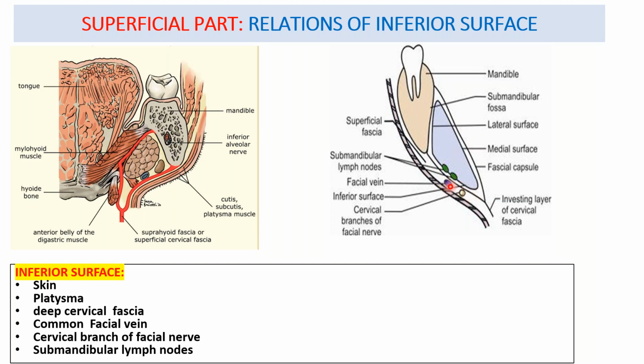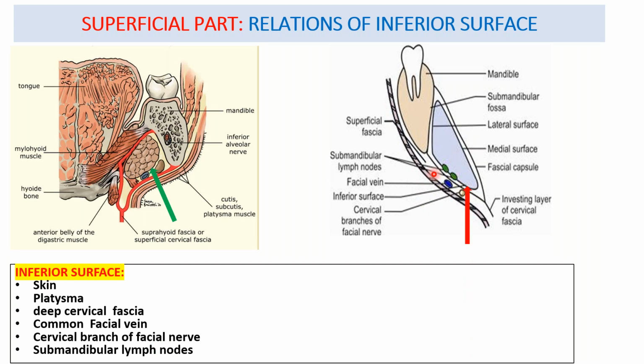Also associated with the inferior surface is the common facial vein, and one more superficial structure, the cervical branch of the facial nerve, along with the submandibular lymph nodes, which are related to the inferior aspect of the superficial part of the submandibular gland.